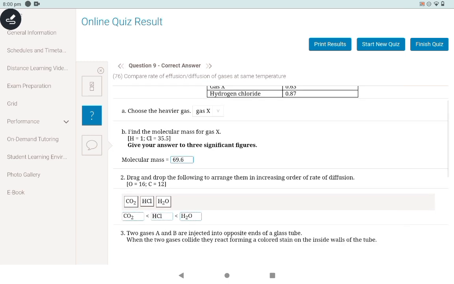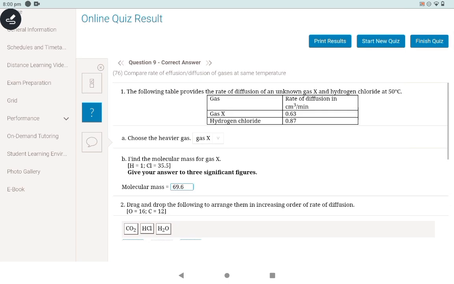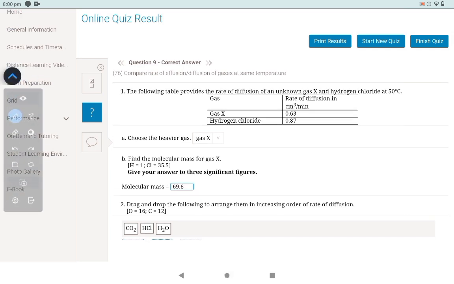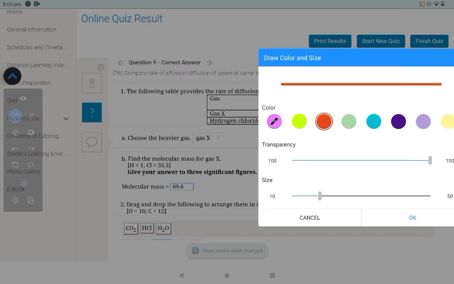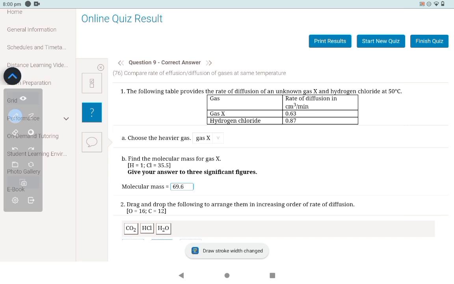Now to find the molecular mass for gas X, we have two rules. I'd like to tell you them. Okay, so rate of diffusion 1 over rate of diffusion 2.